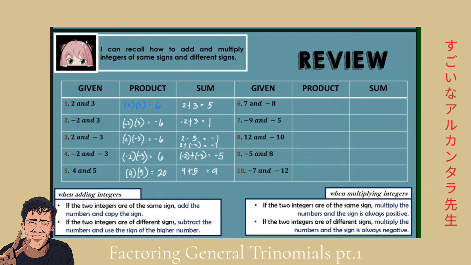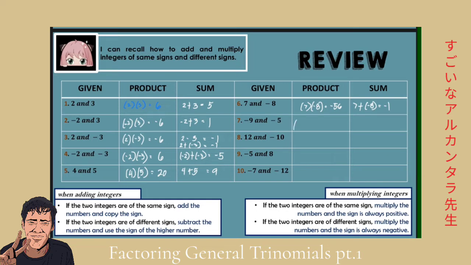To continue, we also have 7 times negative 8. This will be equal to negative 56. Then if you add these two numbers, it's going to be equal to negative 1, since negative 8 is the higher number compared to 7, so the sign should be negative.